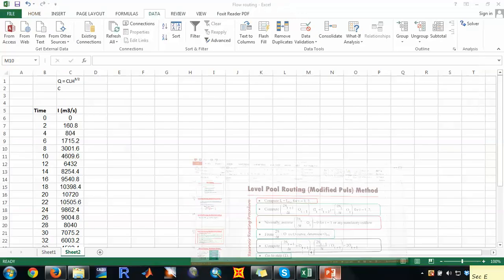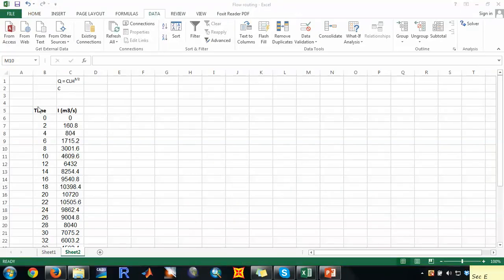So here is the data we have: the inflow data at the reservoir entry, and the spillway characteristics. C is the Ogee spillway coefficient, which is given to be 1.7, and L is the length of our spillway, which is given to be 60 meters.